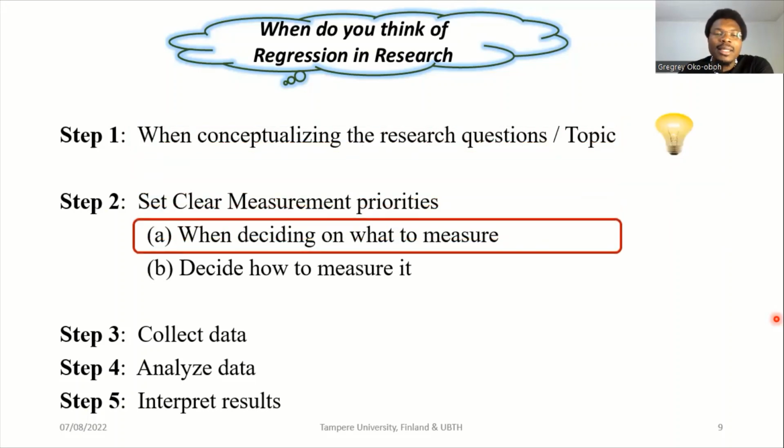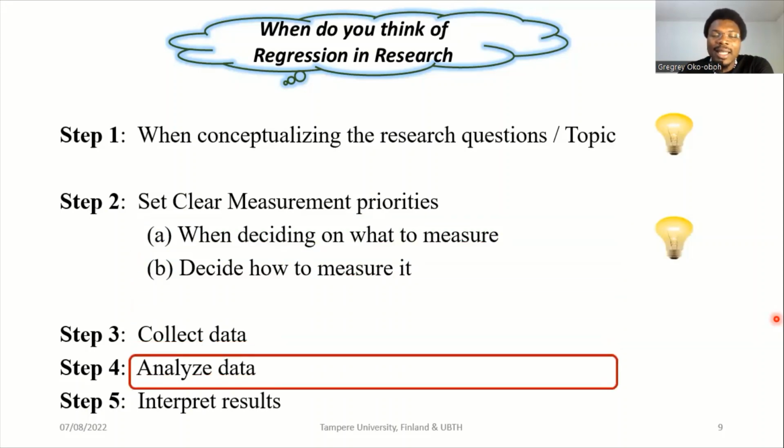Another point is at the time when we have to decide on how to measure the variables in our research. It's also important that we think of regression modeling, because the way we measure the variables and the level of data that we place the values of the variables is very important in determining the type of regression model that we'll carry out.